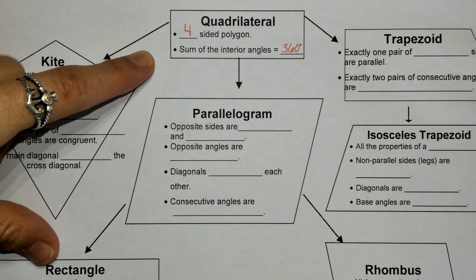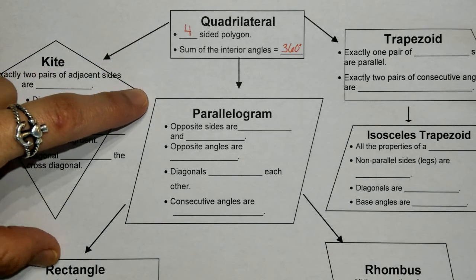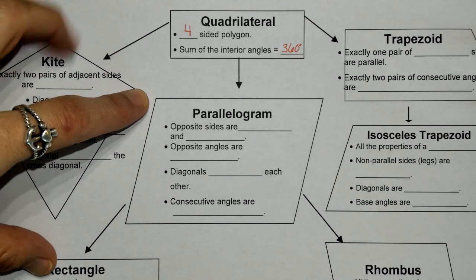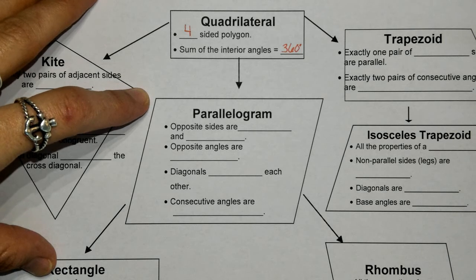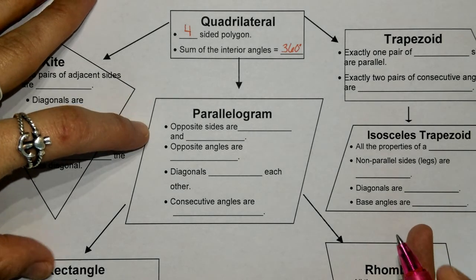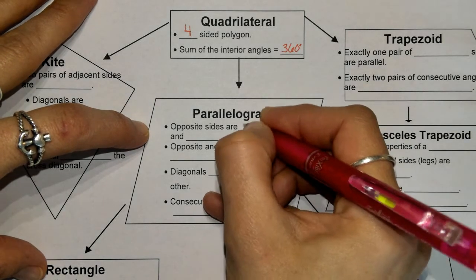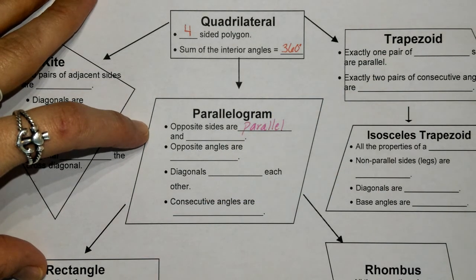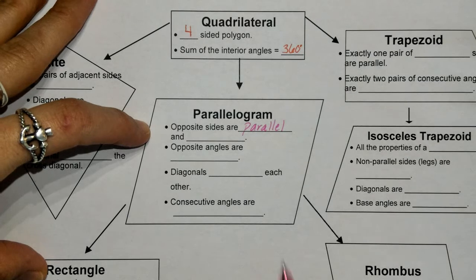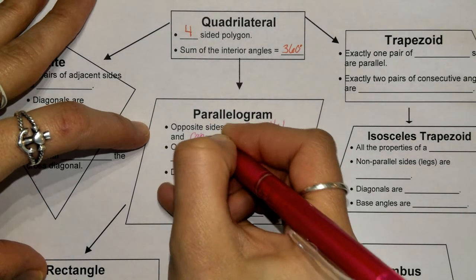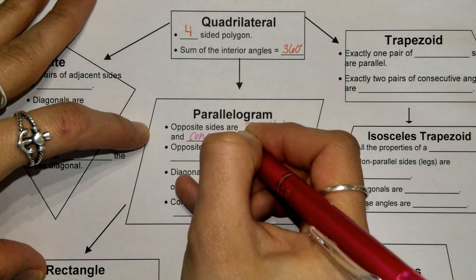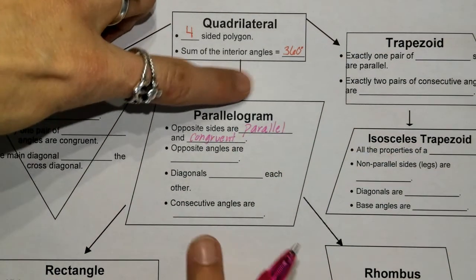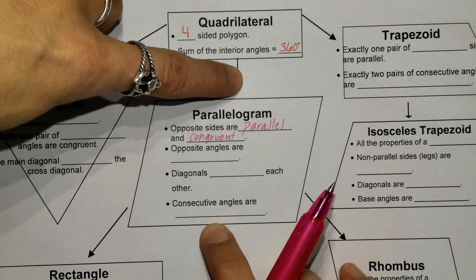In addition to these, we have 4 more characteristics of parallelograms that we need to know. 4 different properties. What you're going to notice is your opposite sides are parallel, hence why it's called a parallelogram. They're not only parallel, but they are congruent. So opposite sides, so the top and the bottom here will be parallel, and they'll also be congruent.